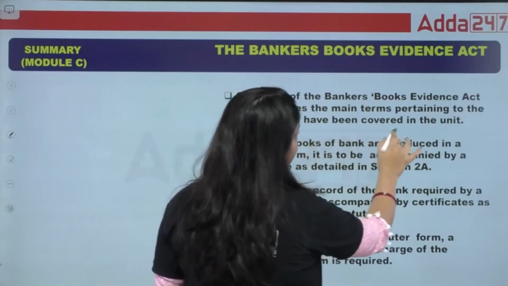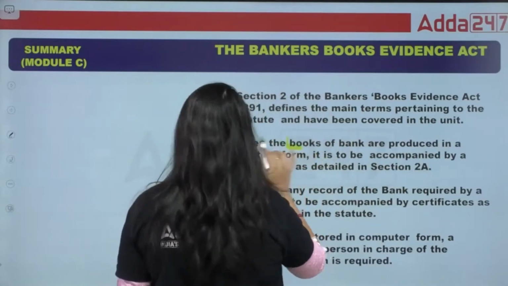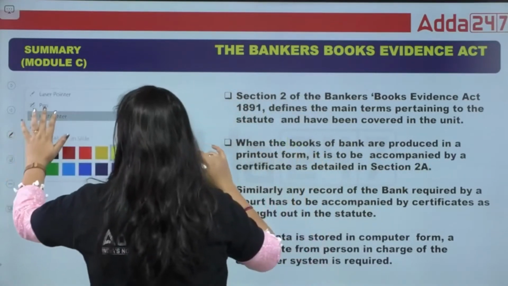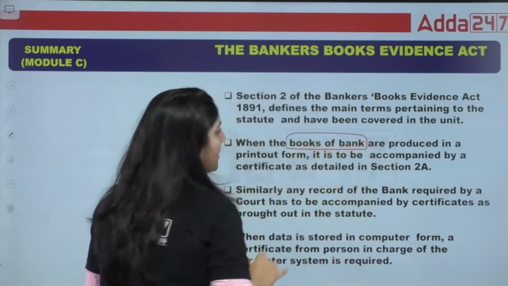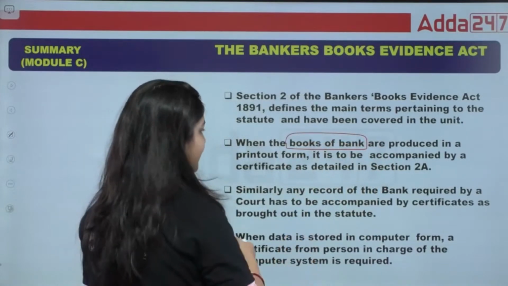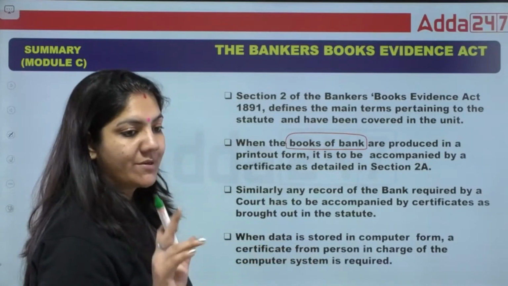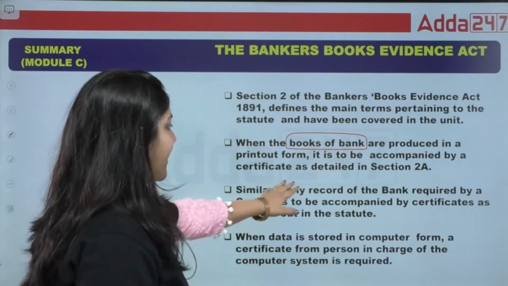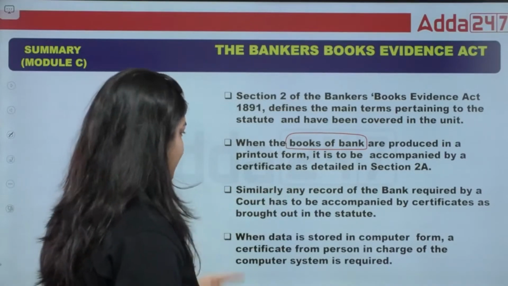The Bankers Book Evidence Act defines the main terms pertaining to the statute. When the books of the bank are produced in printout form, they are to be accompanied by a certificate detailed in Section 2 clause A. We do not have to remember the section. Similarly, any record of the bank required by the court has to be accompanied by certificates.